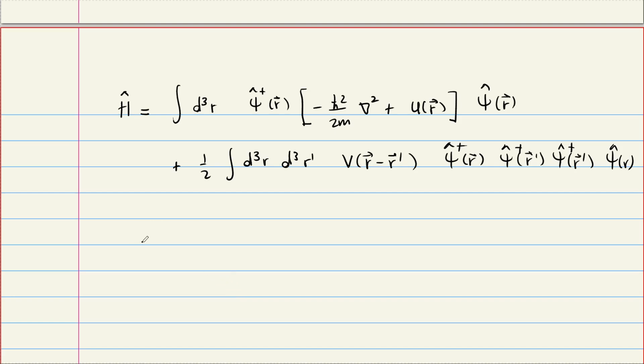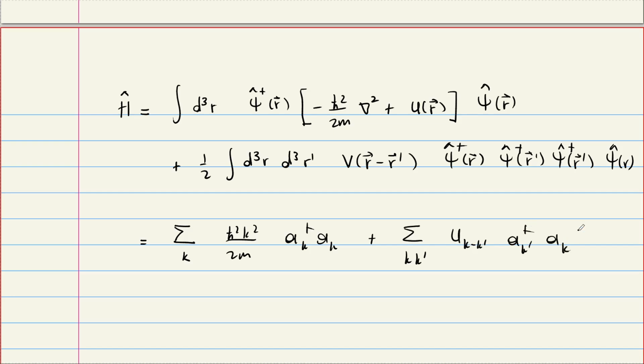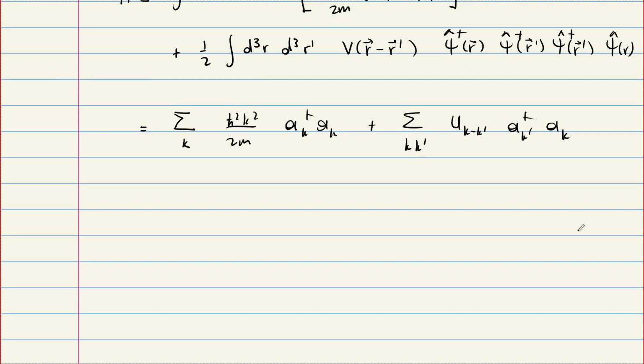Or in momentum space, this is a little bit easier to write. This is going to be the kinetic energy, ħ²k²/2m a_k† a_k, and potential scattering, let me write it like Σ U(k−k′) a_k′† a_k. And precisely, there shouldn't be a dagger there.